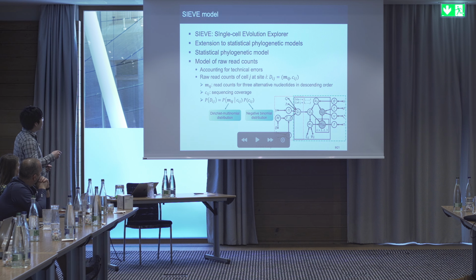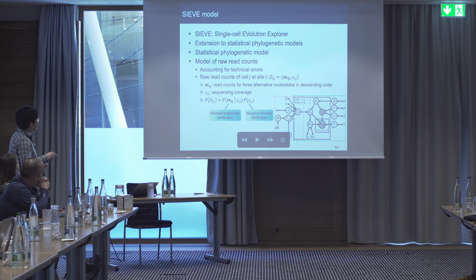This model of raw read counts accounts for the technical errors, and it is represented in the picture to the right side of the graphical model, inside the blue dashed frame. So basically, we represent our input data, raw read counts for all nucleotides, as Dij, which is the combination of Mij and Cij.